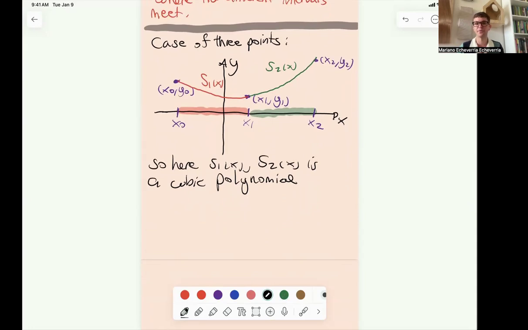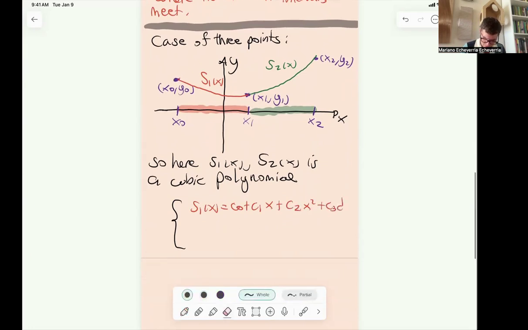So because each of them is a cubic polynomial, you can write down the general formula for a cubic polynomial. So what is the general formula for a cubic polynomial? It would be C0 plus C1x plus C2x squared plus C3x cubed, right?